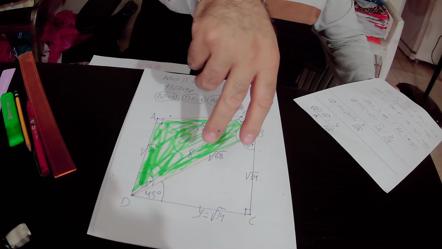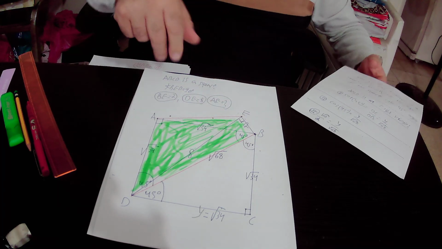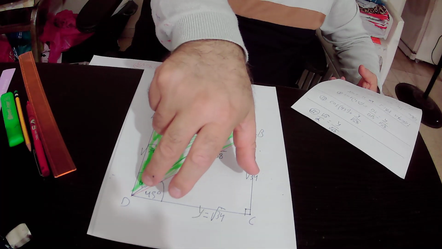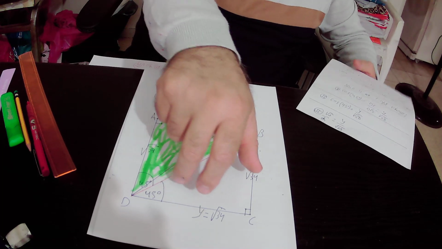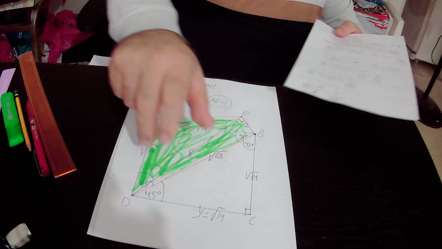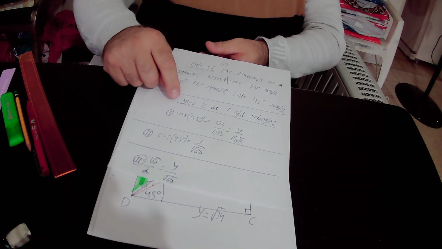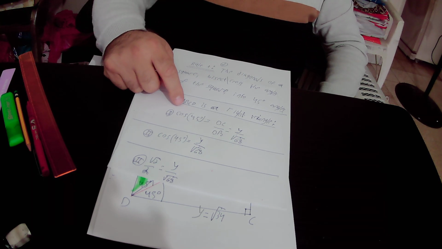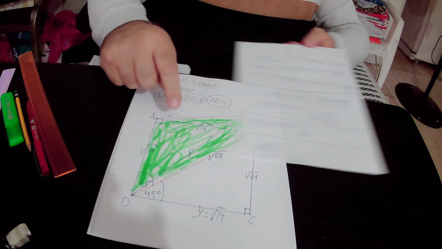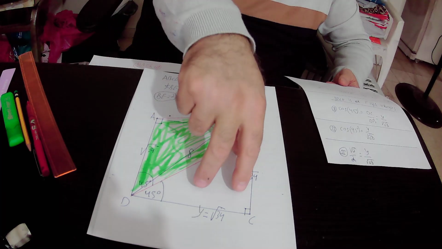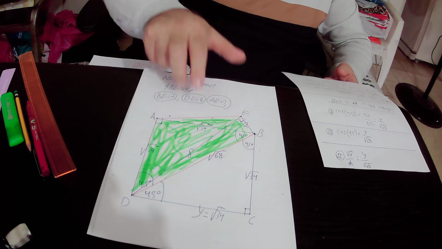So therefore triangle BCD is a right triangle, and we defined side DC of the right triangle BCD as Y, that is to say this equals Y. So in the right triangle BCD, we know that cosine 45 degrees equals DC over DB. Cosine 45 degrees in the right triangle BCD equals DC over DB.